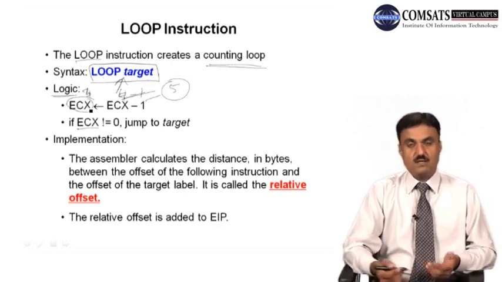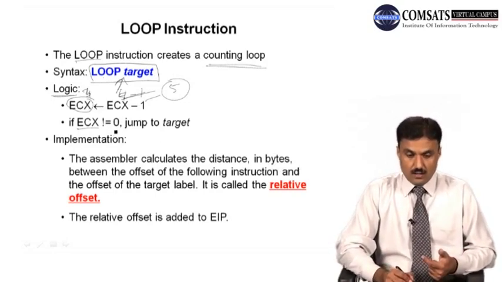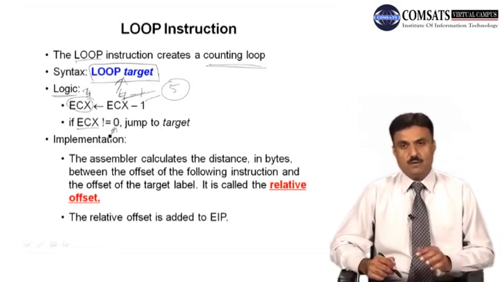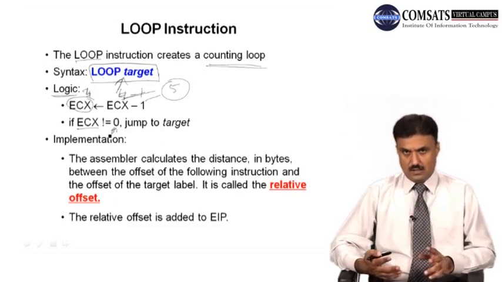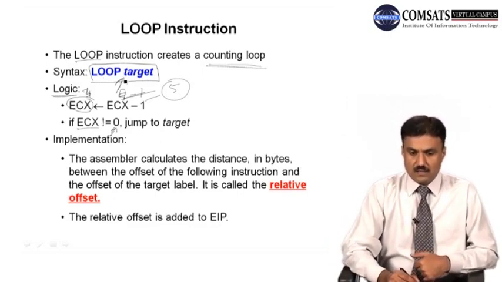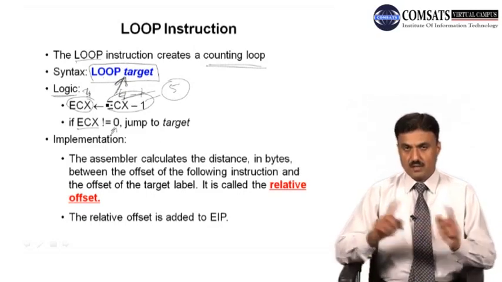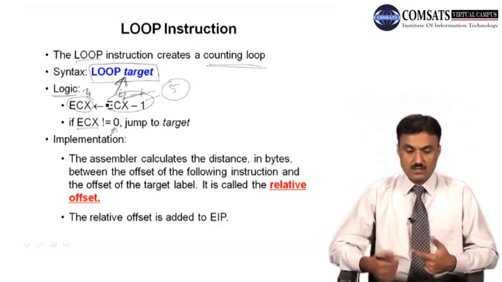So it is decremented and compared. When it becomes 0, it will not perform any jump. The condition is not defined here, but it is implied at the back end. We define the value of ECX to control how many times this continues.